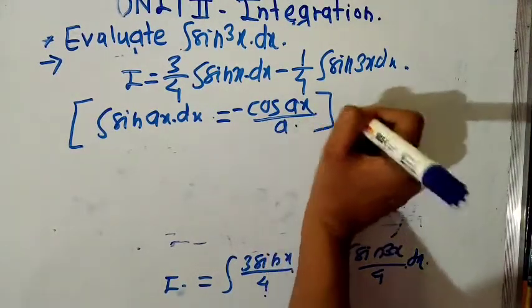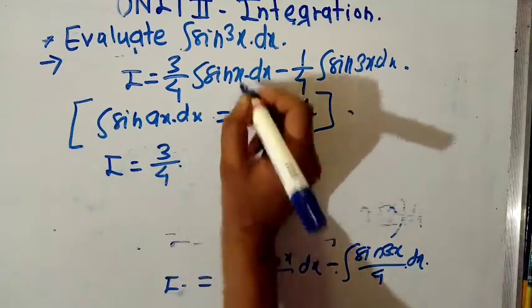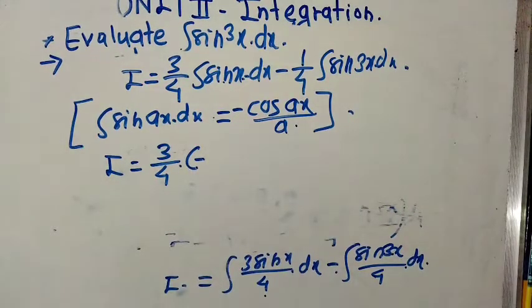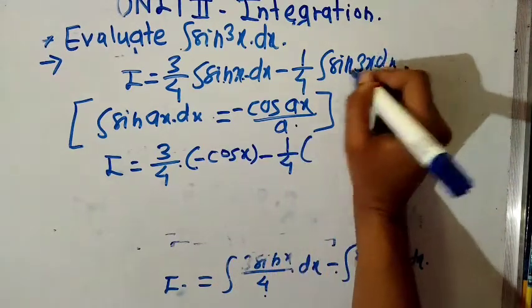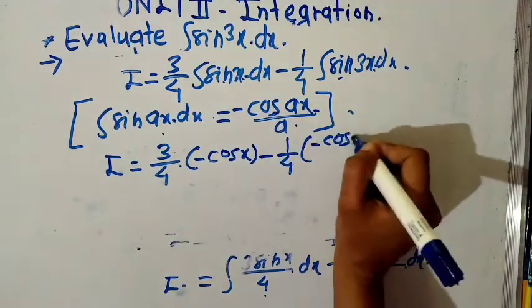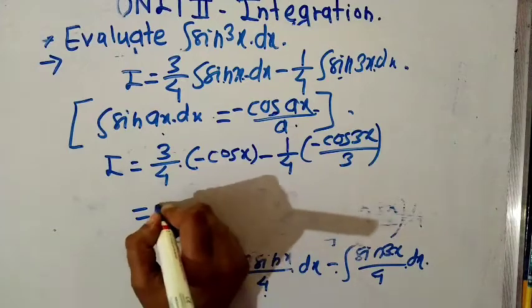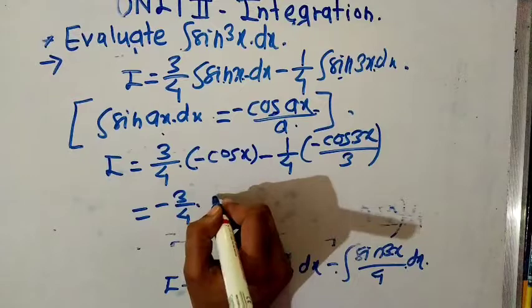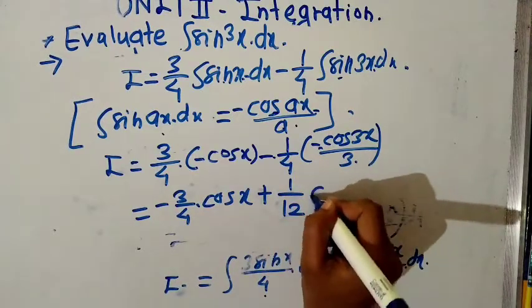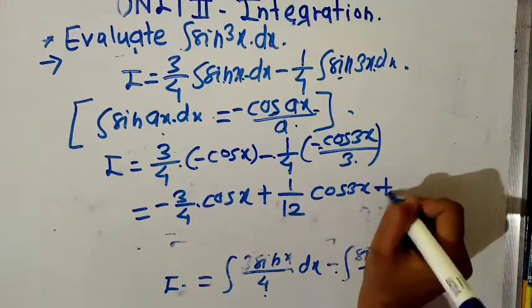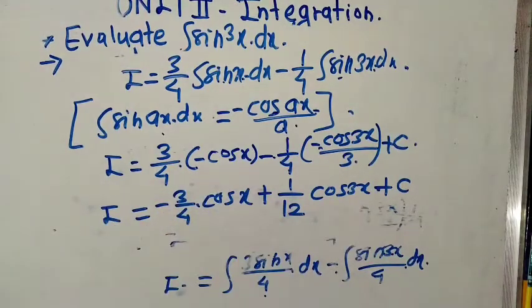Hence I is equal to 3 upon 4 into the integration of sin x, which is minus cos x, minus 1 upon 4 into the integration of sin 3x, which is minus cos 3x upon 3, and which is equal to minus 3 upon 4 into cos x plus 1 upon 12 into cos 3x plus c, and which is the integral I.